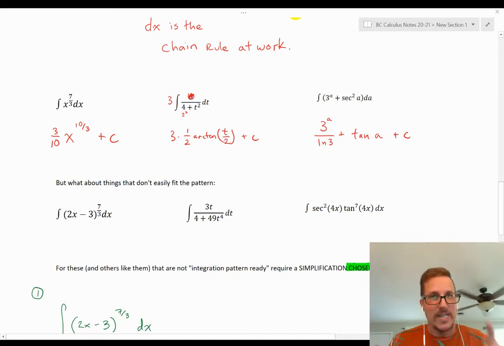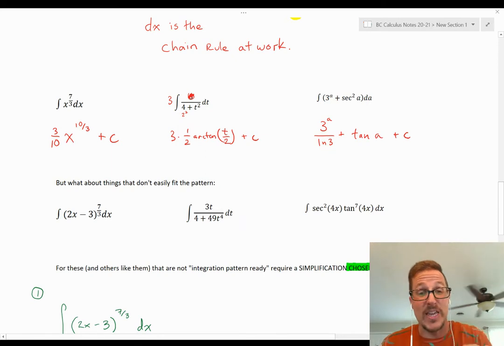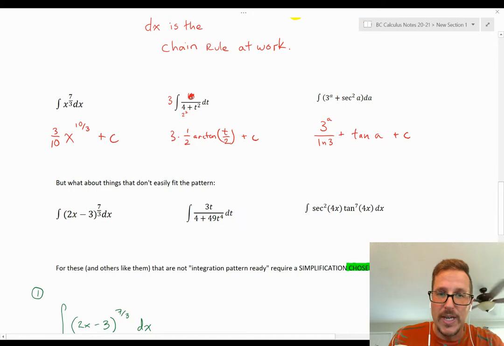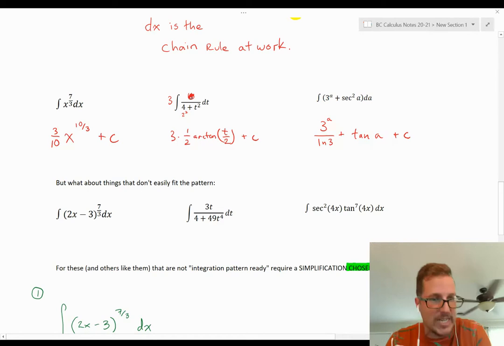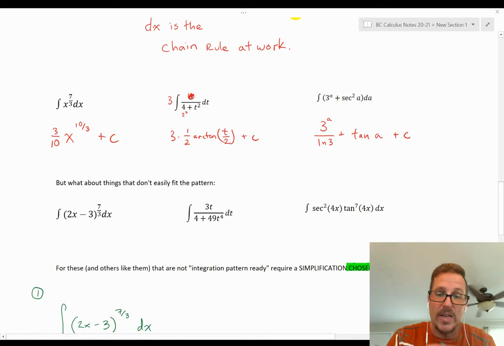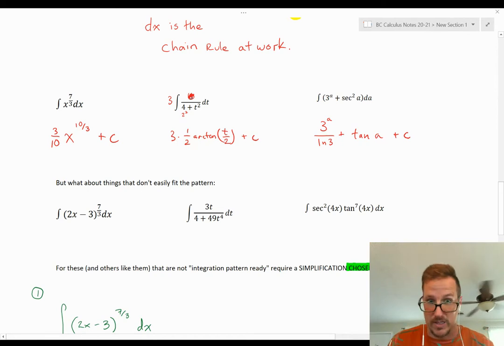Now, secretly, all 3 of these do fit an integration pattern. But what is required is this idea of substitution, right? Some substitutionary expression to make each of these crazy-looking things fit one of the integration patterns.